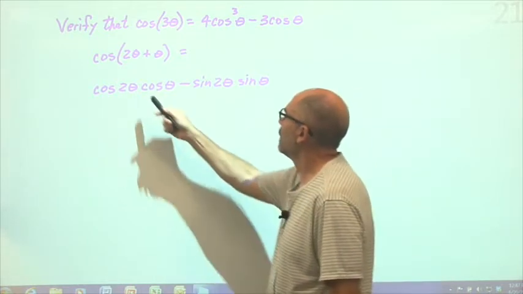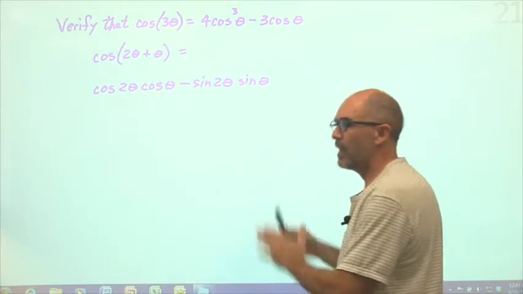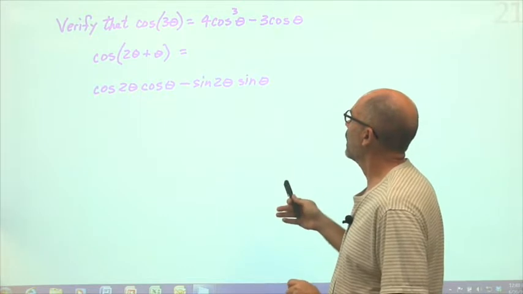Okay, now, what is cosine 2 theta? Well, it's cosine squared minus sine squared, but we don't want that because we don't want a sine squared.